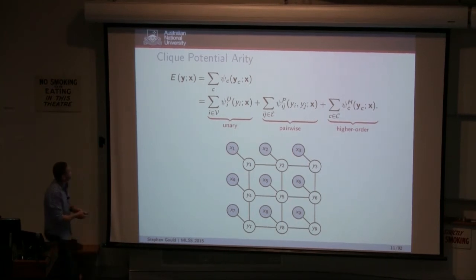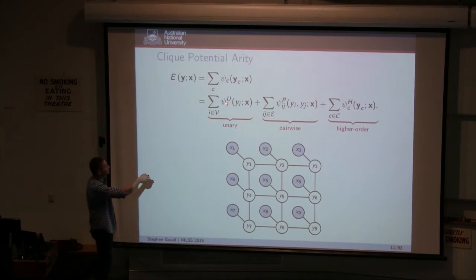So an important distinction with these clique potentials is the arity of the potential. So we've said that the energy function can be written as the sum of these log cliques, clique potentials or terms. And we can categorize those as unary terms, pairwise terms, and higher order terms, all right?